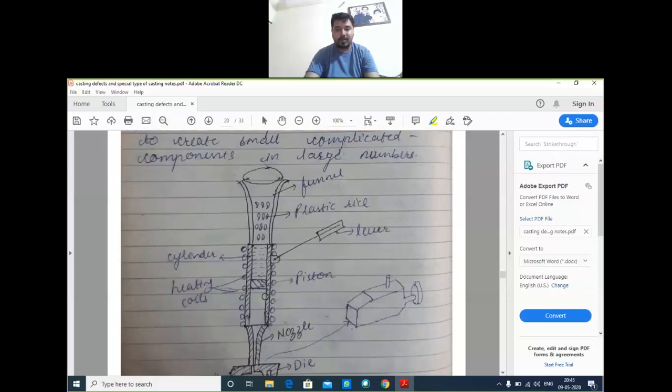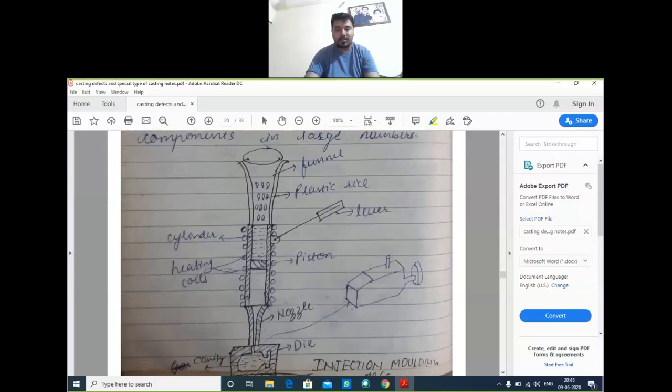This is a schematic diagram of the injection molding machine. The plastic material is in the shape of rice grains, and we put this plastic rice in the funnel.